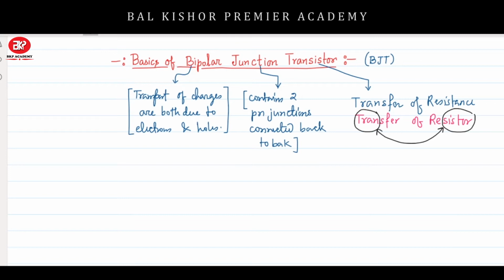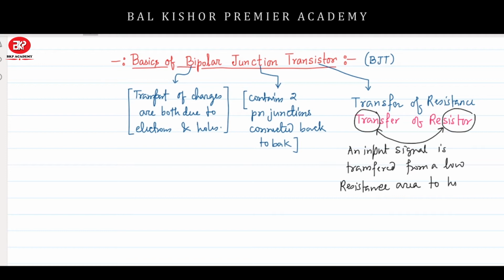Transfer of resistor means an input signal is transferred from a low resistance area to a high resistance area.